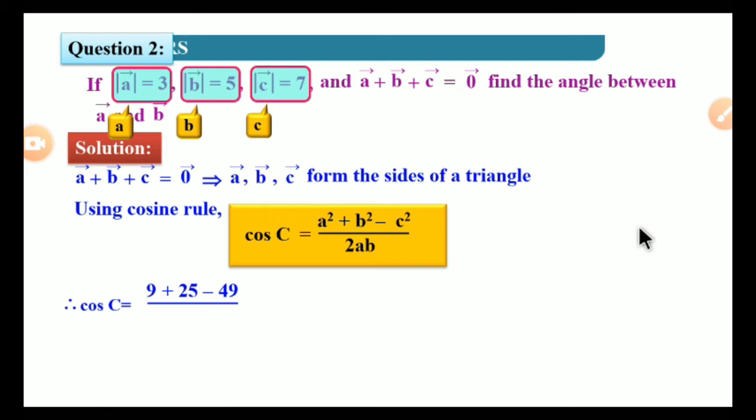In the denominator, 2 into AB means 2 into 3 into 5, therefore it will be equal to minus 15 divided by 2 into 3 into 5. So now after the cancellations we will be having minus 1 by 2.